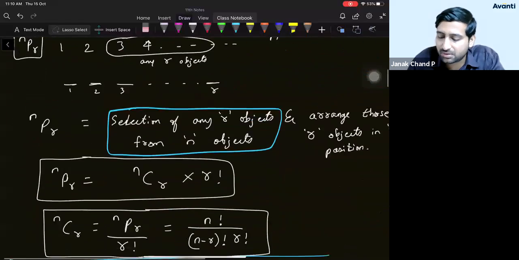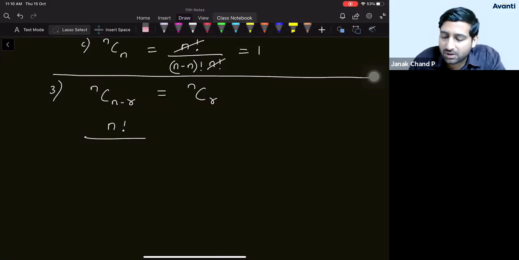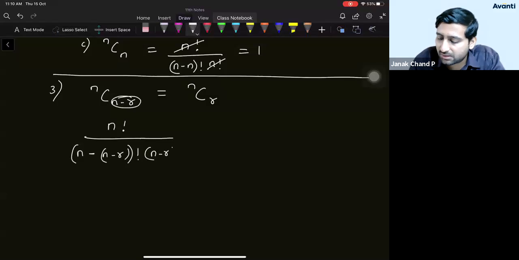Fine. This is your board syllabus. Okay, if I just apply the formula of nC something here, it is nothing but n factorial divided by the difference of these two, that is (n minus r) factorial into r factorial.